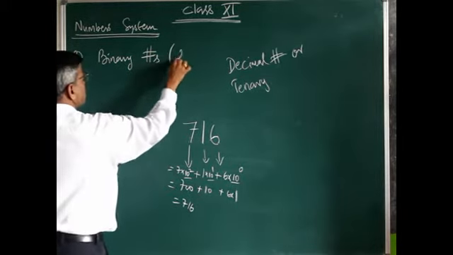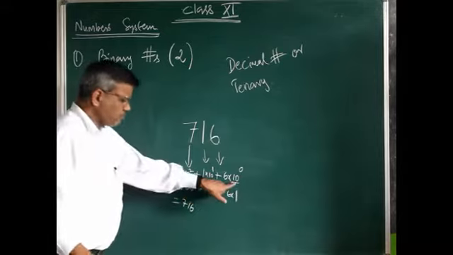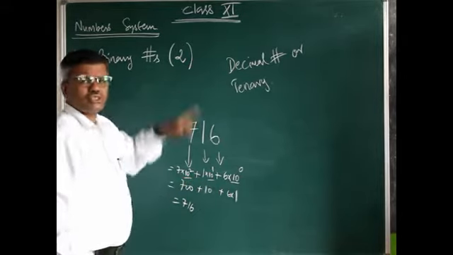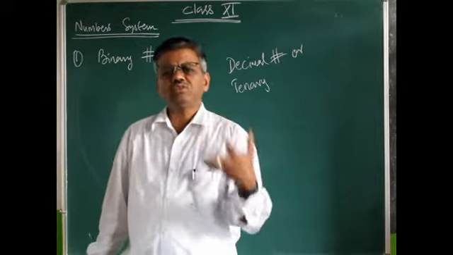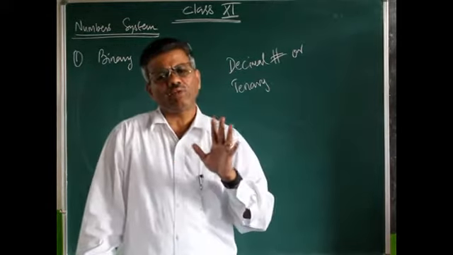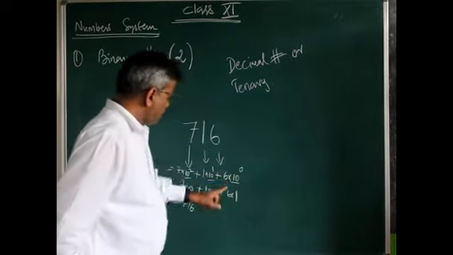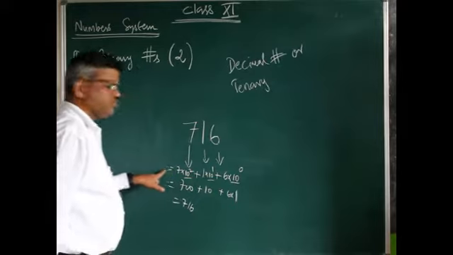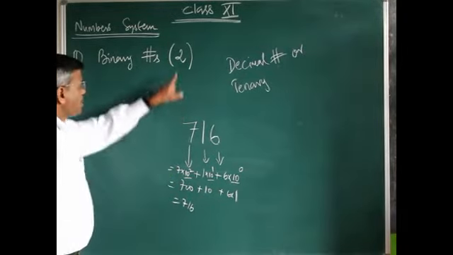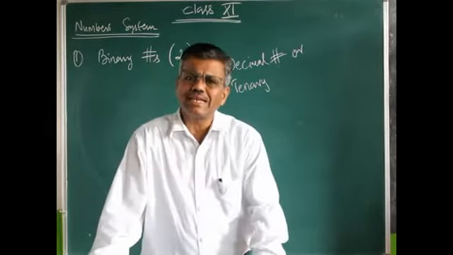As in decimal the base is 10, if the base is 2, it's called binary. Bi means 2, which will have only 2 digits, 0 and 1. The base is 2: 2 to the power of 0, 2 to the power of 1, 2 square, 2 cube, 2 to the power of 4. Instead of 10, if you keep using 2, it's called the binary number system.